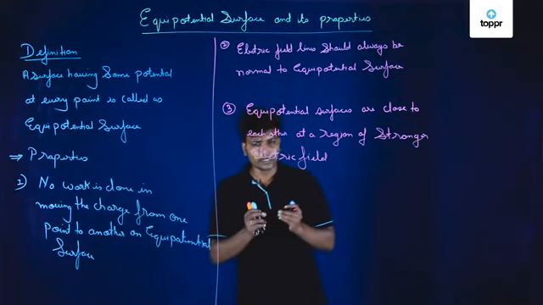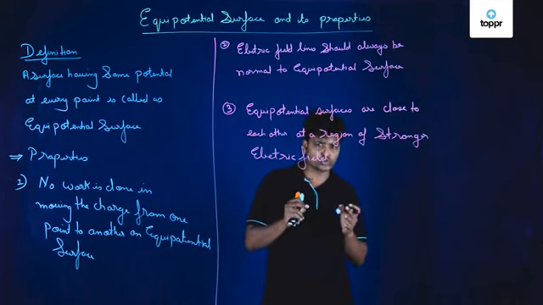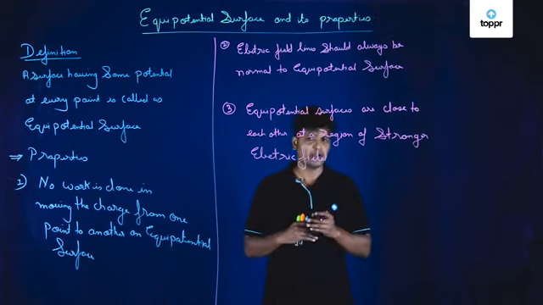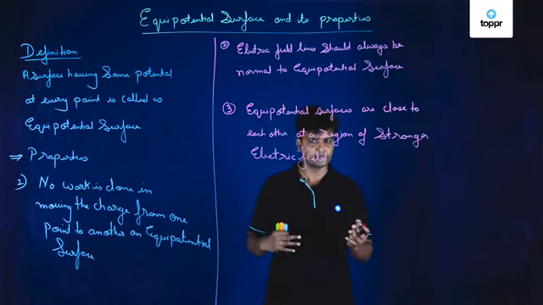So that means a region where the electric field is not stronger, is weaker, the equipotential surfaces are widely spread. They are not close to each other, they are widely spread, right?